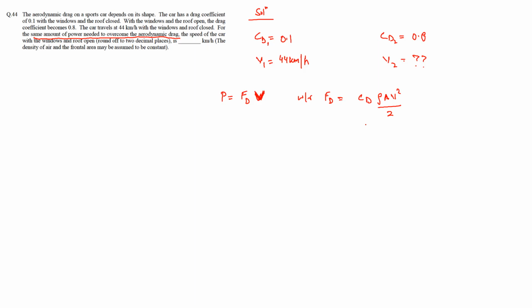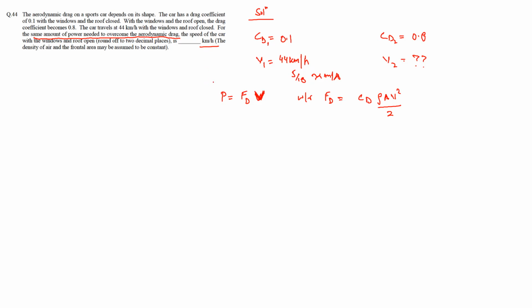Some people, when they see kilometers per hour, immediately do the 5 by 18 conversion into meters per second. That is not always required, because in this case everything in the end has to be converted back to kilometers per hour.